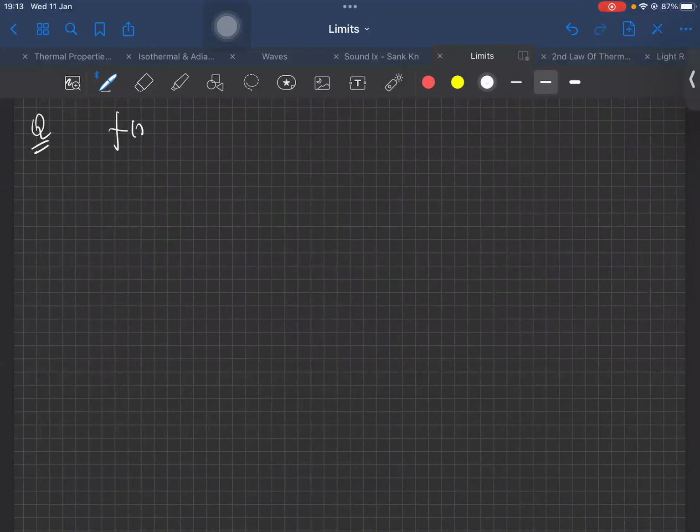Let's write down, s of y is equal to y cube minus 3y square plus y plus 1.